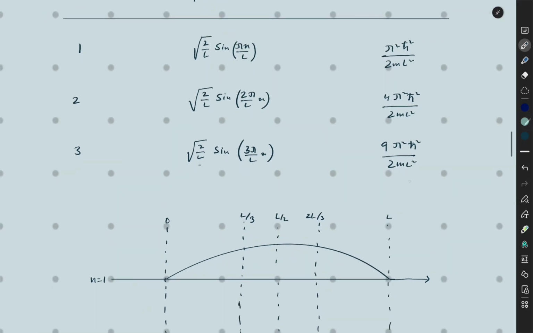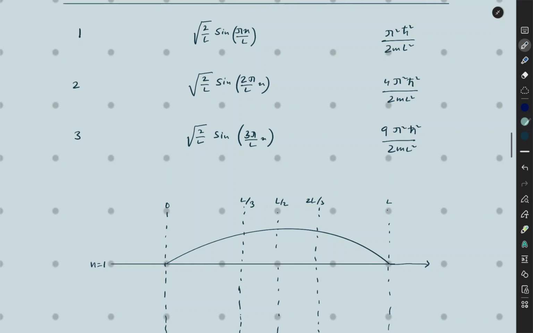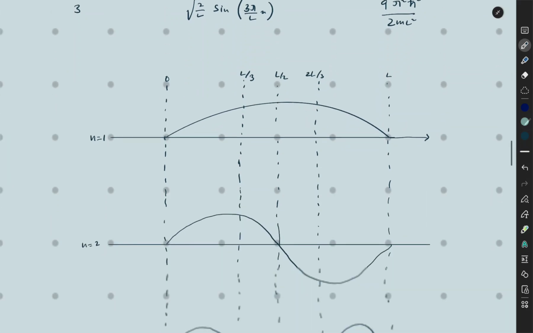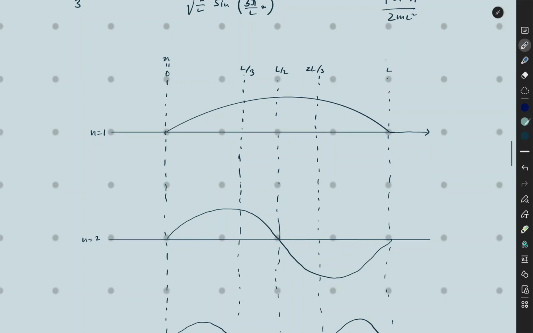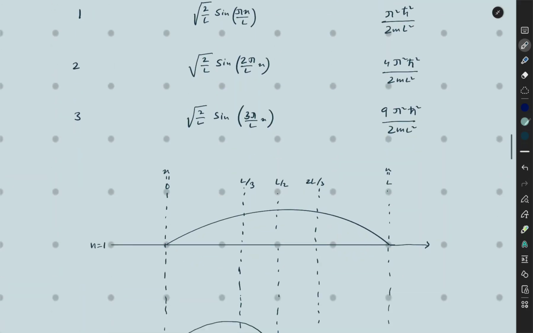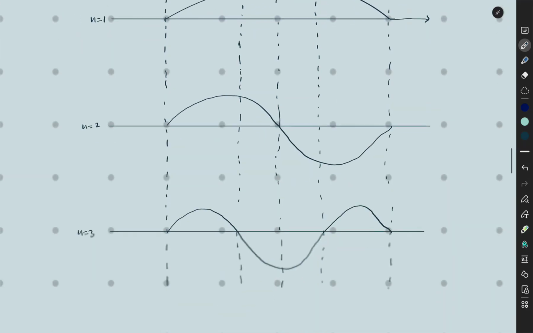Now to convert these eigenfunctions into a graph, we have taken x from 0 to L, and we are getting a similar graph like this, where it is becoming 0 and the sine function we know.